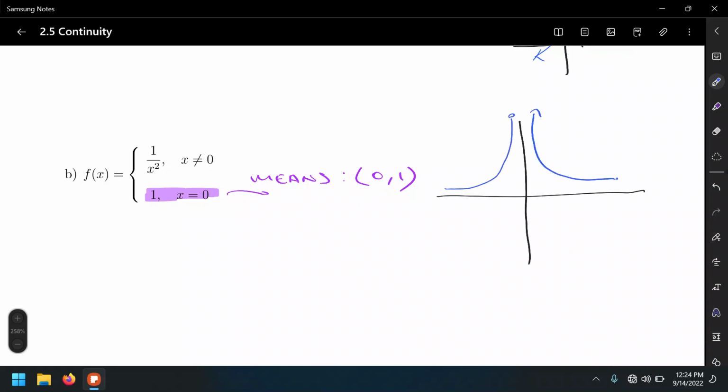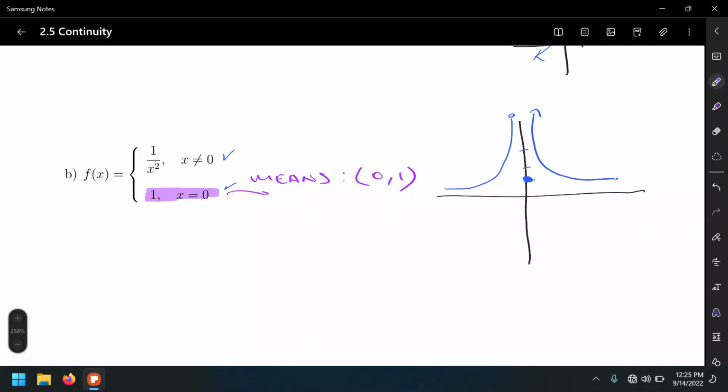In this case, the even power in the denominator makes the two tails of the graph point towards the same infinity on both sides. But that's not the only thing we're graphing. We're also graphing this point in the middle of nowhere. That is the point (0, 1), which is this point right here.